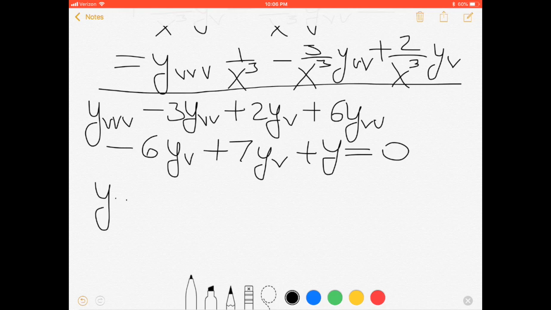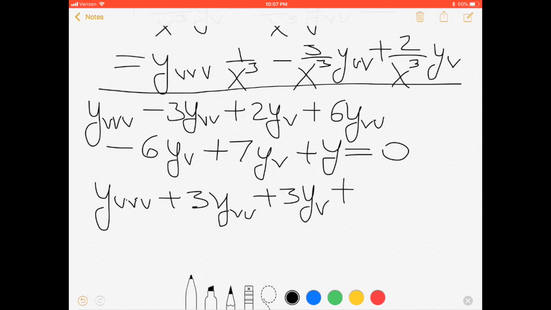If we rewrite, this will be the third derivative, the second derivative with minus 3 plus 6, which gives us plus 3, and the first derivative with plus 2 minus 6 plus 7, which is plus 3, and plus y.